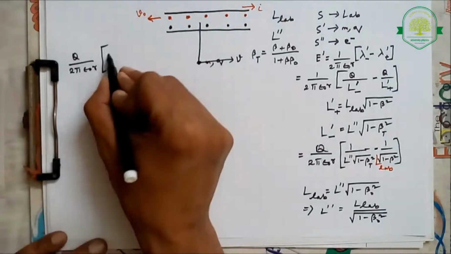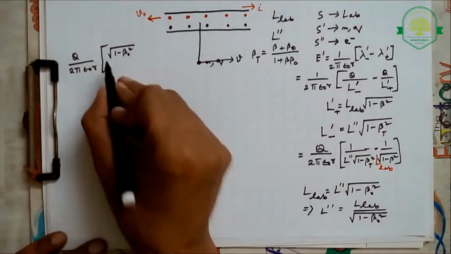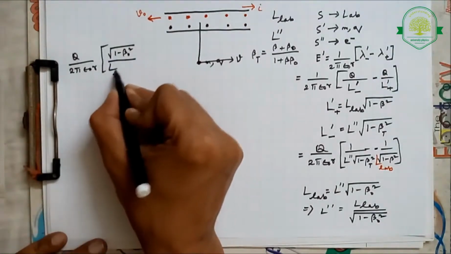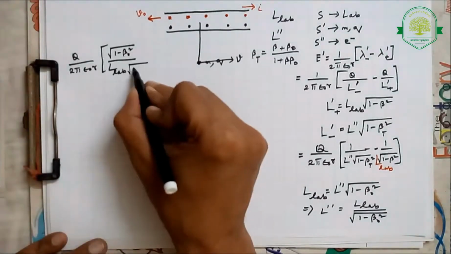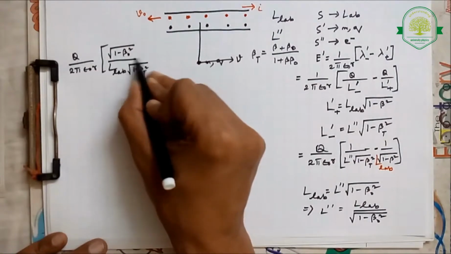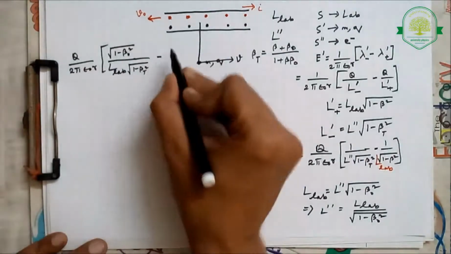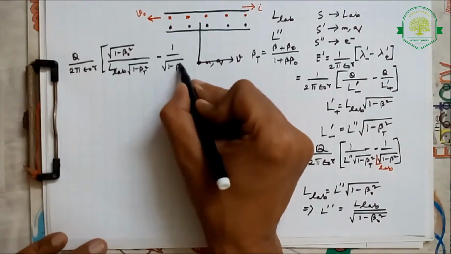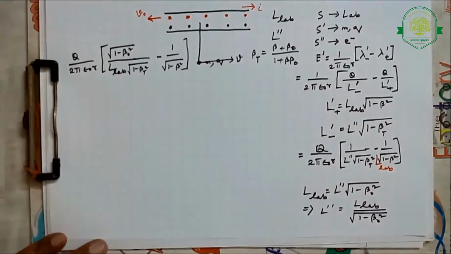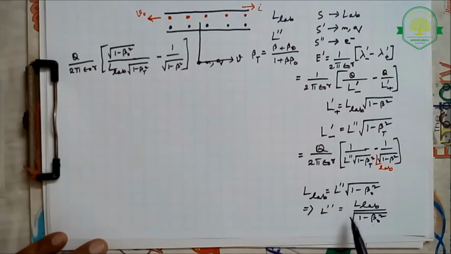So I'll get a square root of 1 minus beta naught squared on top. At the bottom I'll get L lab multiplied with square root of 1 minus beta t squared, where beta t comes from here, minus 1 over square root of 1 minus beta squared.